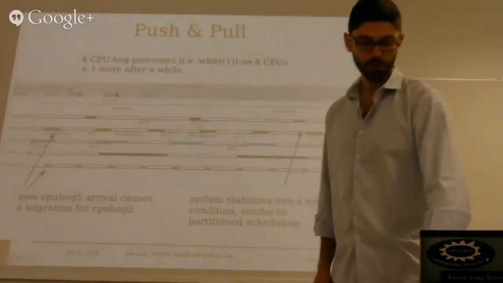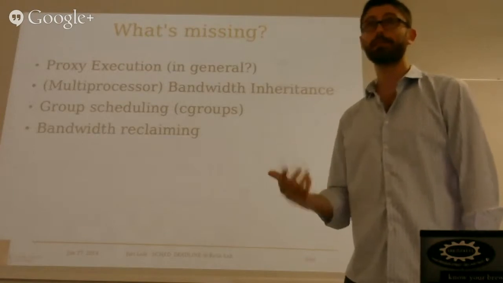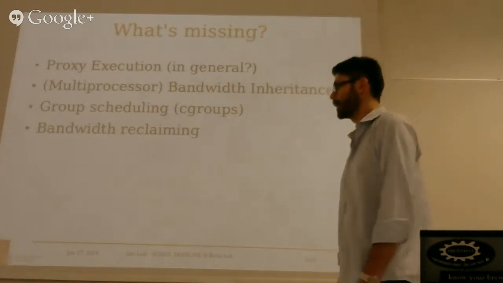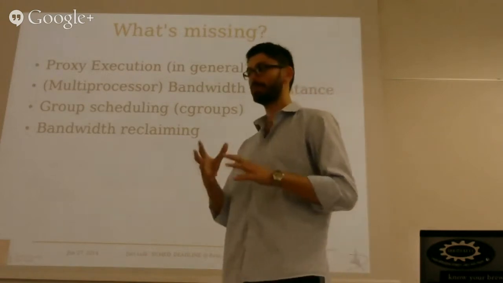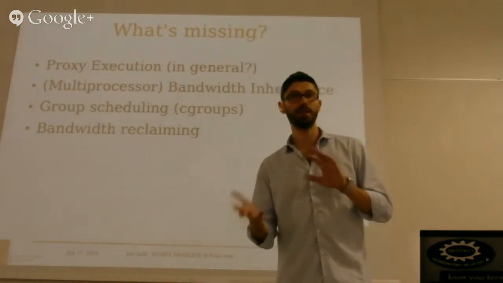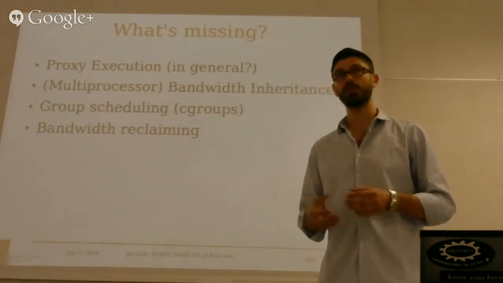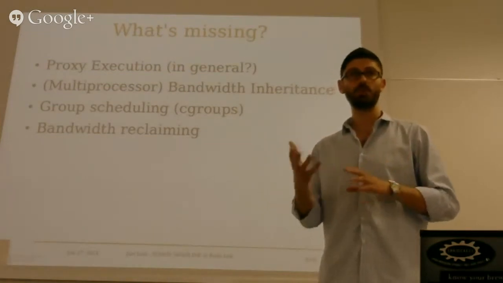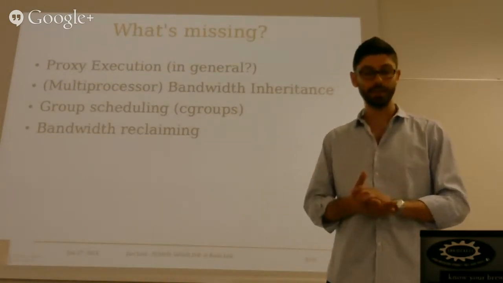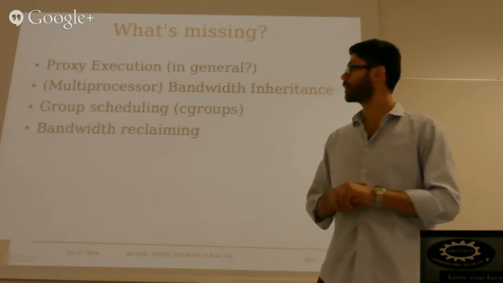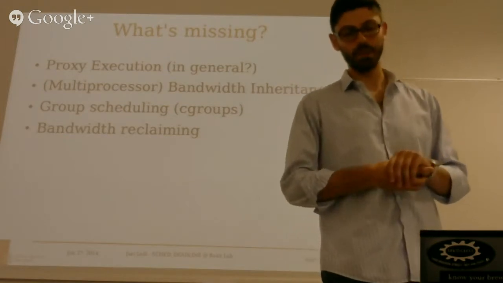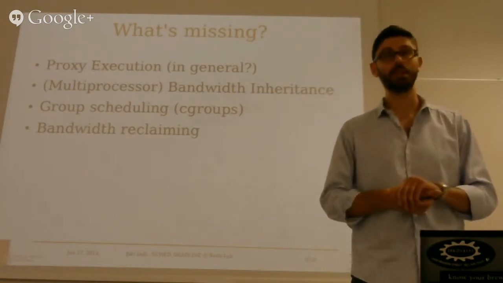Okay, so what's missing? This is really the real basis for EDF and CBS in Linux. It's just the bare minimum to have something working. And I didn't mention what happens when you have shared resources.